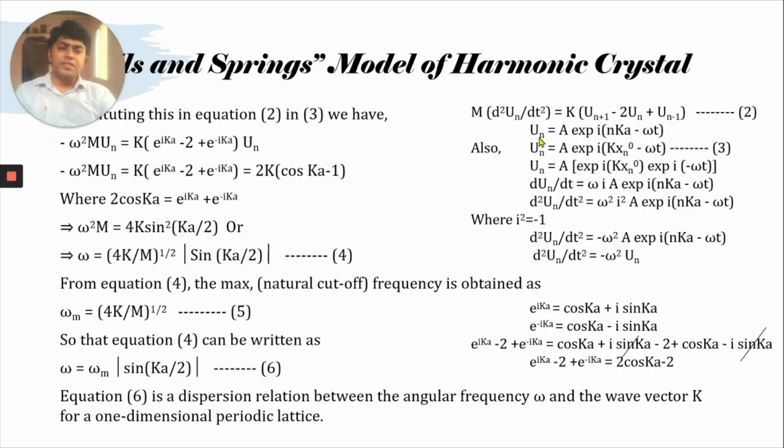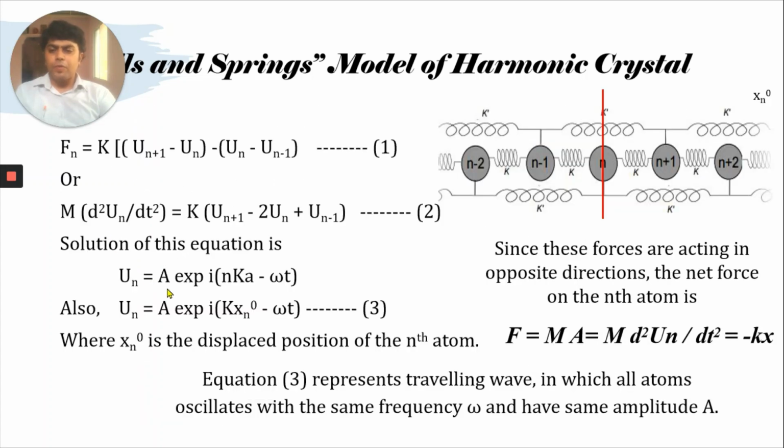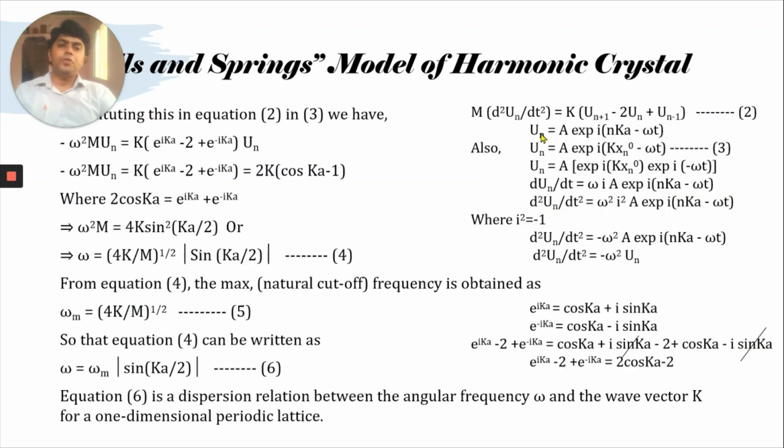Now we also know what un is, because the solution we have achieved is a exponential i (nka minus omega t). So I need to double differentiate. First, un equals a exponential i (nka minus omega t) for the nth part. Differentiating un with respect to time t, we obtain minus i omega a exponential i (nka minus omega t).